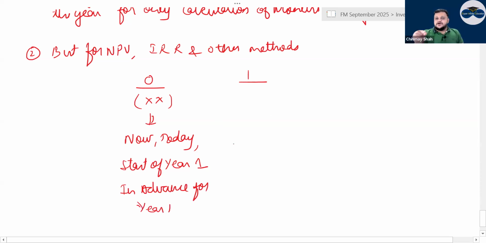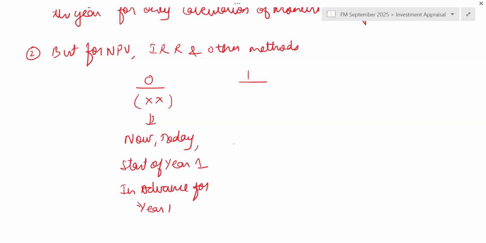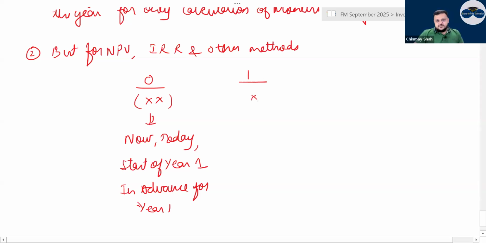So if I say in year 1 rent is 1,000, to be paid in advance, it means year 0. Then year 1, basically, is end of year 1 cash flow. Or start of year 2.